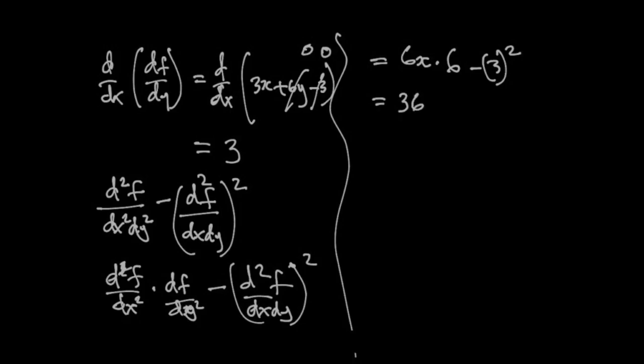So we have 36x minus 9. Now we're going to check for whatever points we have found.